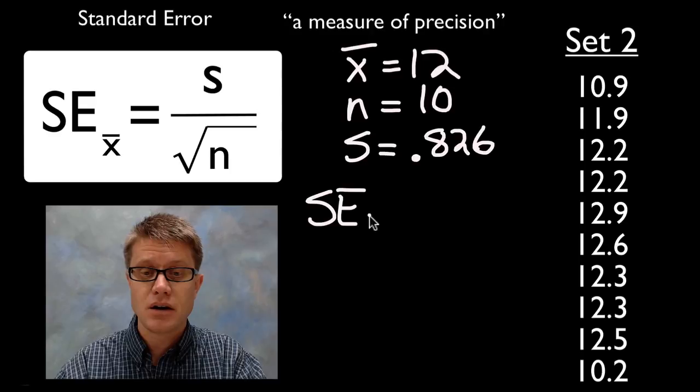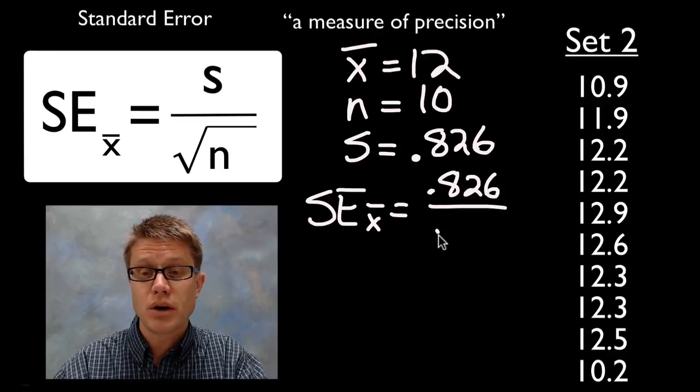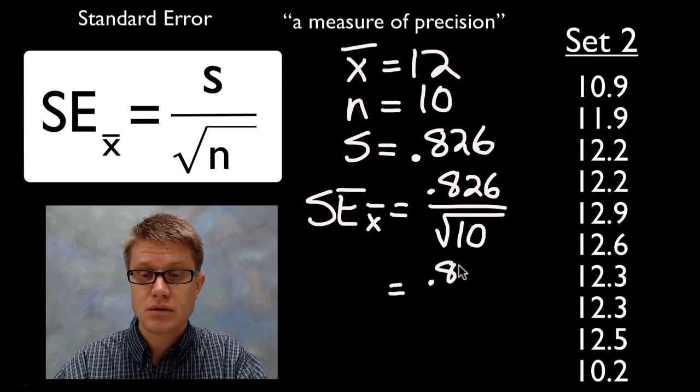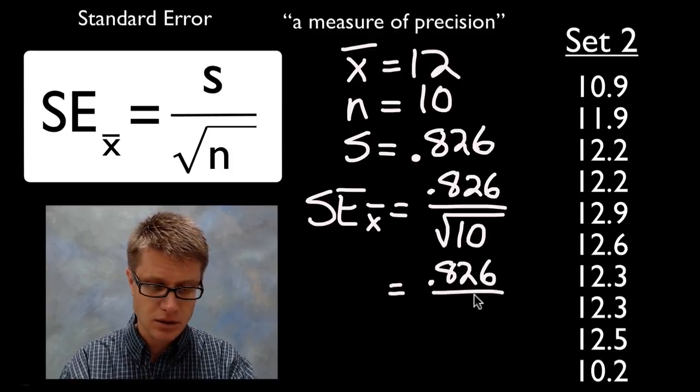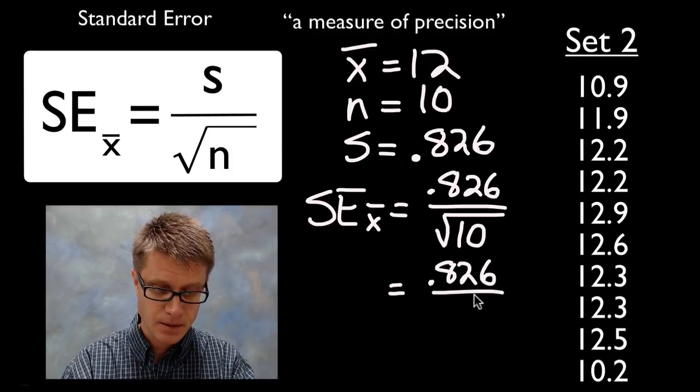So the standard error of the mean is simply going to be the standard deviation, which is 0.826. And then I'm going to divide that by the square root of the sample size. And the sample size is going to be 10. So this is equal to 0.826 divided by the square root of 10. I'm going to need my calculator right here.